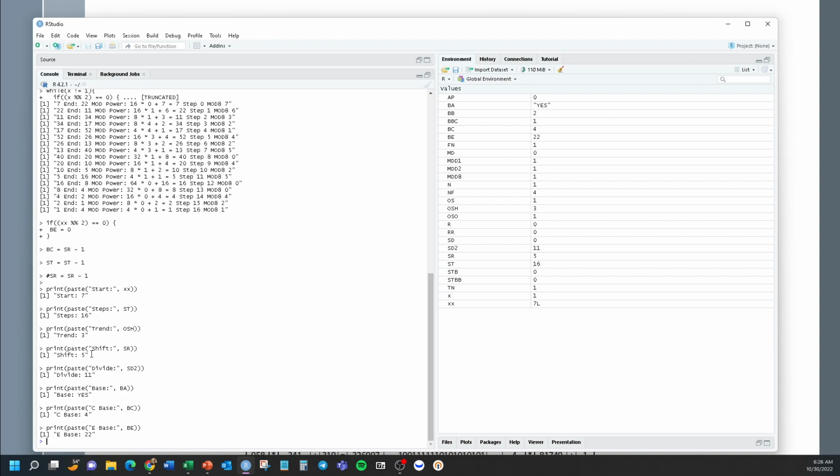So it knows how to check for a base, and it matches 4 and the C base is 4, but it's 7 and 22. So what do I mean by the C base? Let me show you.